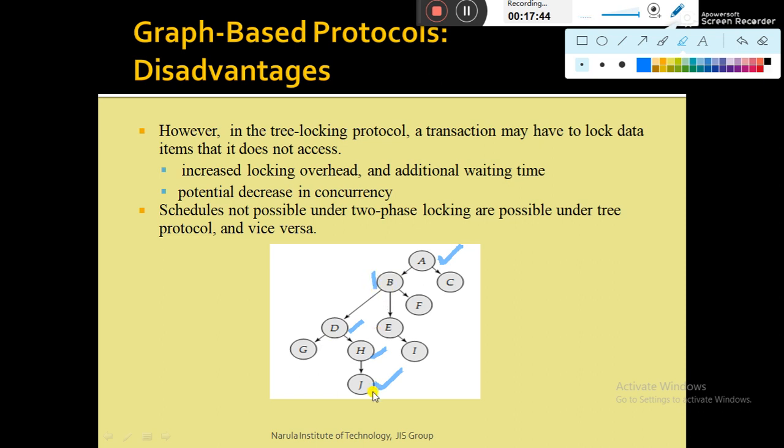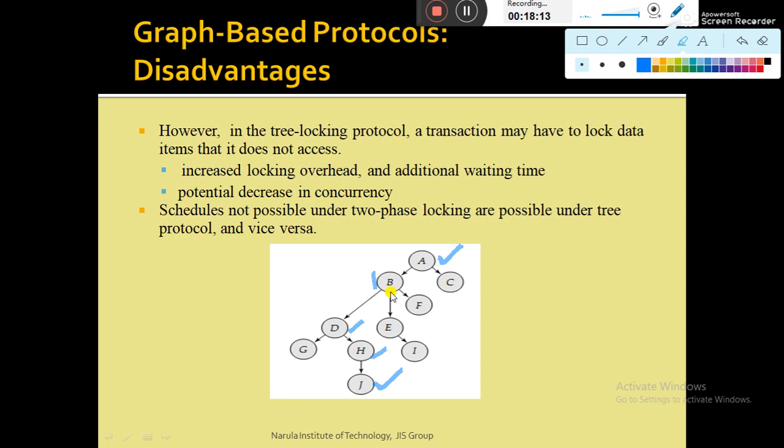That means though the transaction requires only two data items A and J, it still needs to lock J, H, D, B and A. So in the graph-based protocol, an extra set of data items needs to be locked.